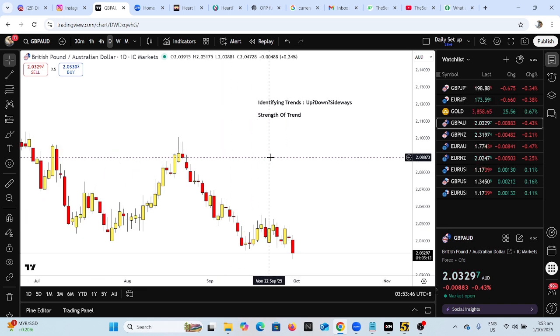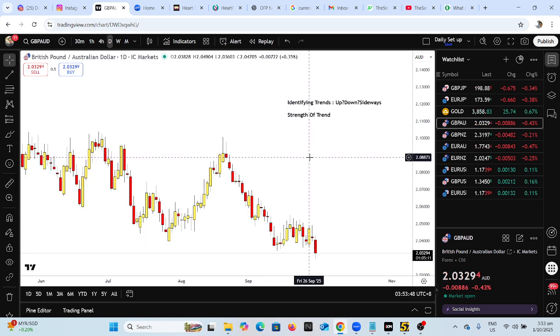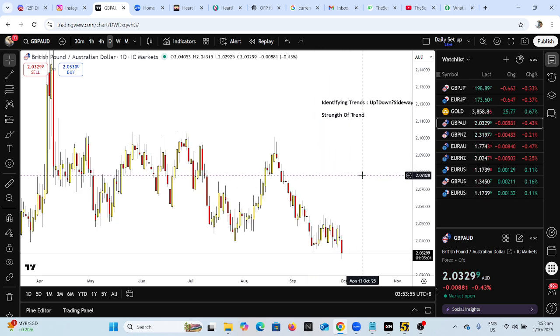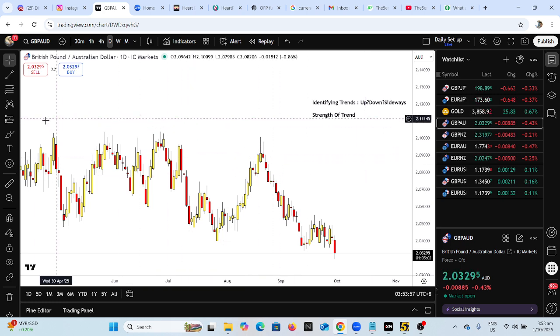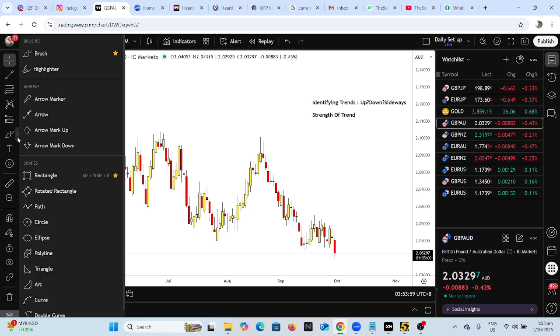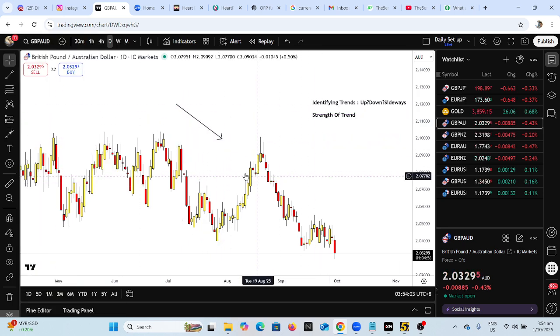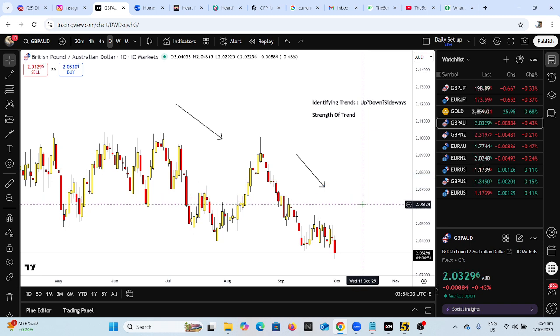If you look at the general direction of this Pound Aussie, the general direction of this trend is towards the downside. Am I right? So we can see that it's a downtrend market.